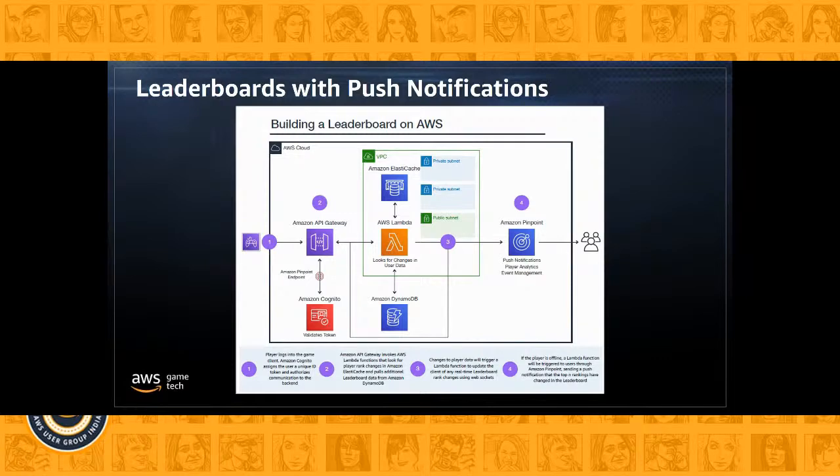If the player is offline, a Lambda function triggers Amazon Pinpoint and sends a push notification to the top N rankings that have changed in the leaderboard. As we discussed before, Amazon Pinpoint is a push notification system. It can also take the different players and their ranks on the leaderboard and run player analytics. It is also great for event management.